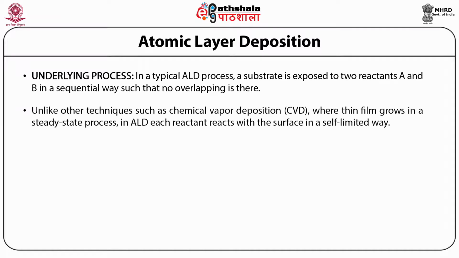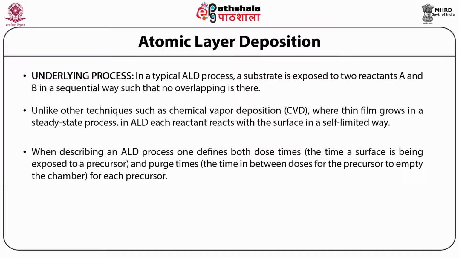Unlike other techniques such as CVD, where thin films grow in a steady state process, in ALD, each reactant reacts with the surface in a self-limited way. So the reactant molecules can react only with a limited number of reactive sites on the surface. This process is schematically shown in this figure.